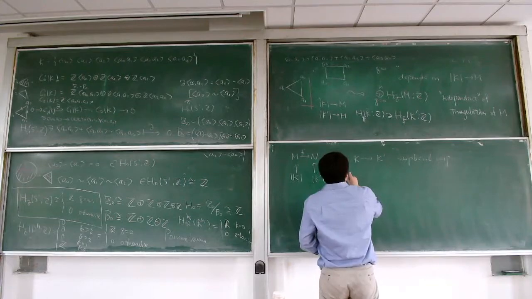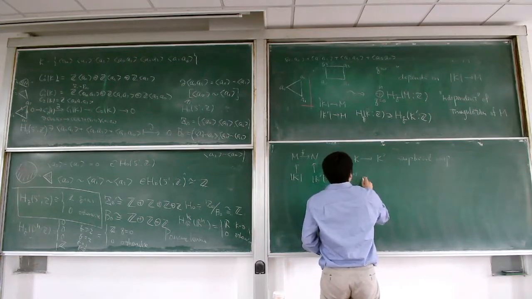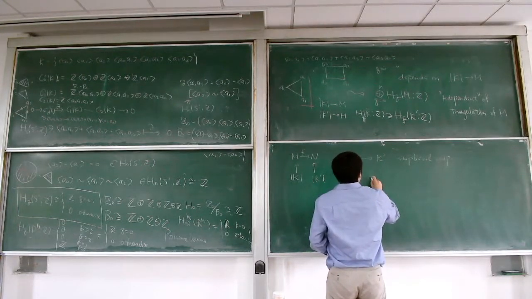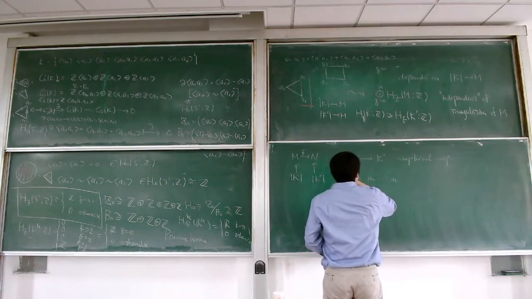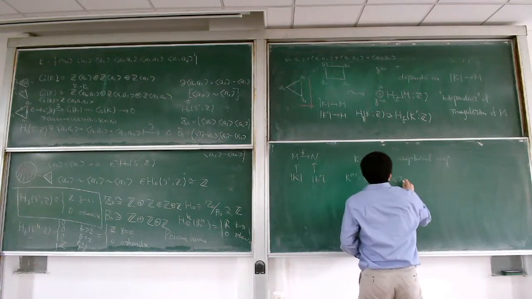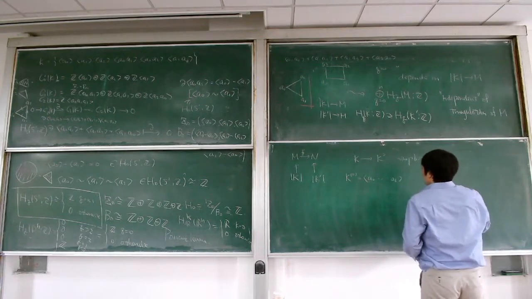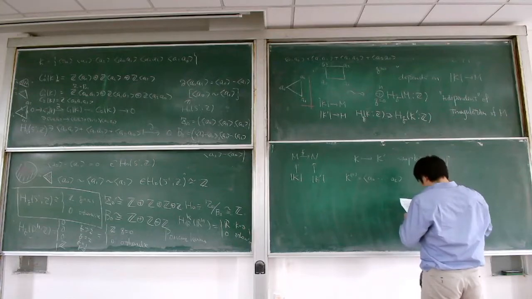Let's consider K0 spanned by A0, ..., AL. Then K1.